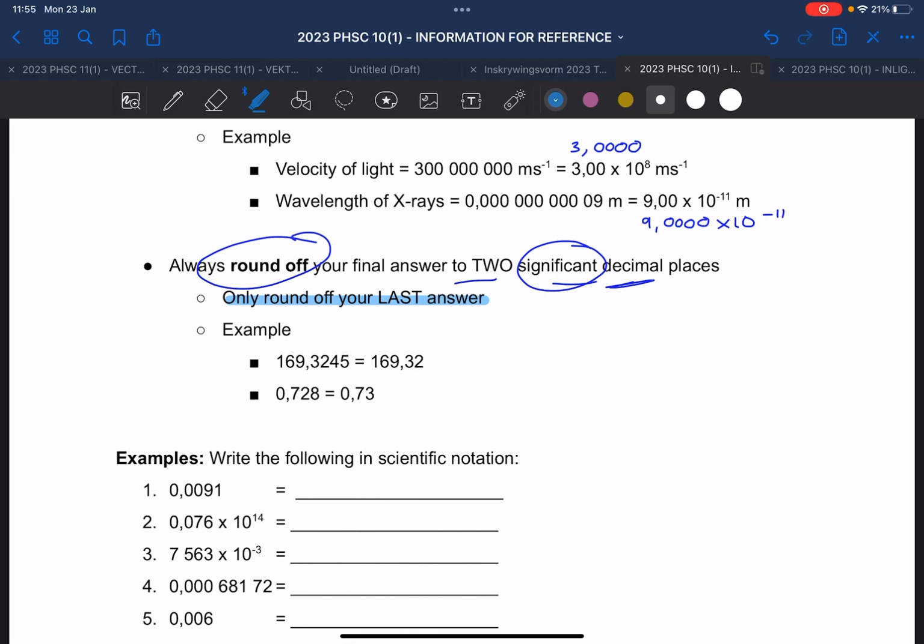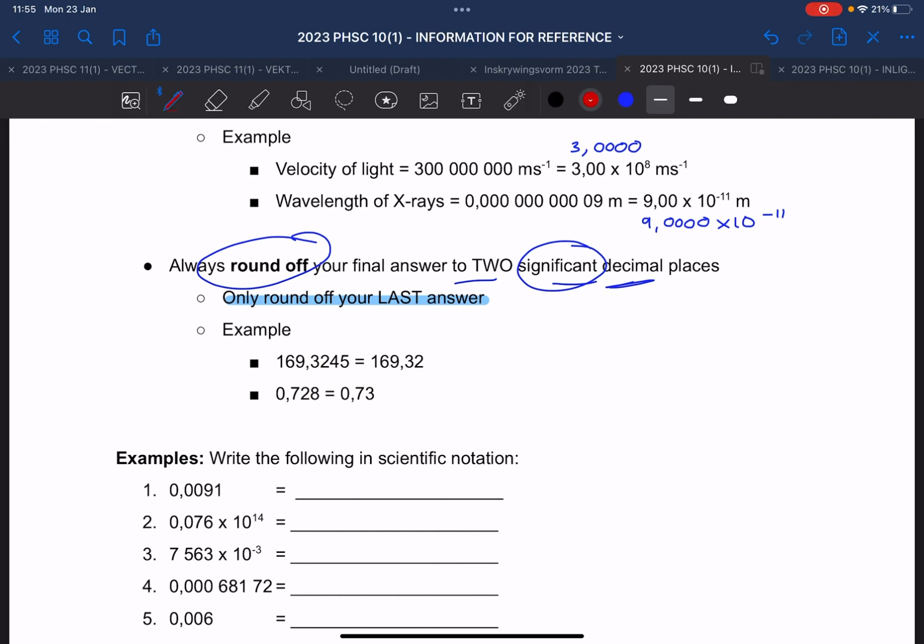Okay, so an example here. If we need to round that off to 2 significant decimals: does the 4 influence the 2? No, it doesn't, so it stays 3,2. If we look here, 2 decimals: does the 8 influence the 2? Yes, it does, so it becomes a 3.